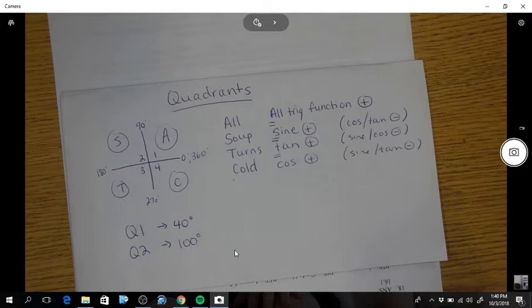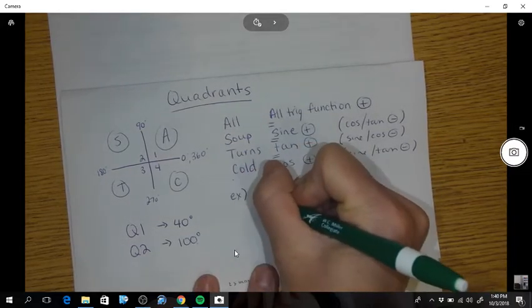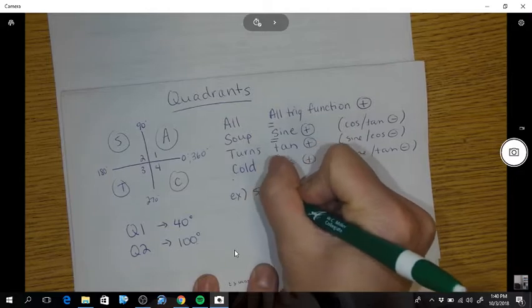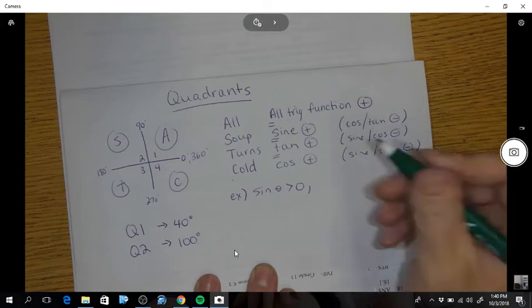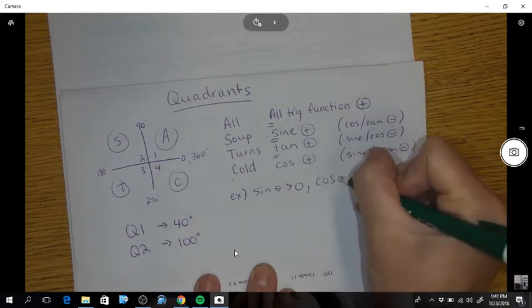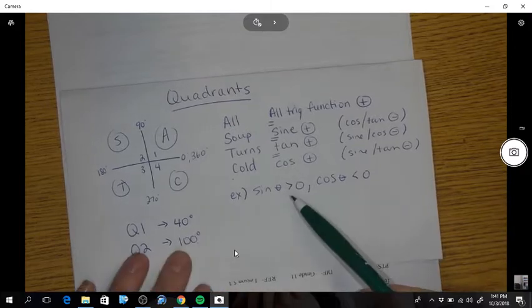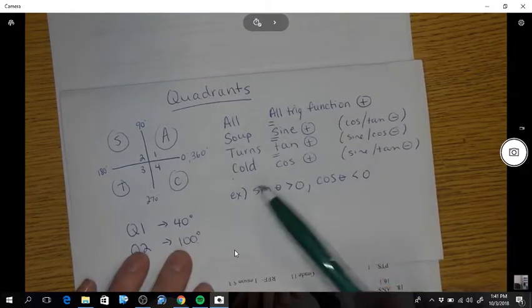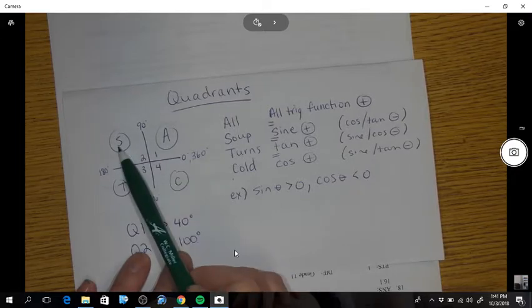Okay, so let's ask ourselves some example questions. Where is sine of the angle greater than 0, and cosine of our angle less than 0? Okay, so sine to be greater than 0 would be positive here and here.